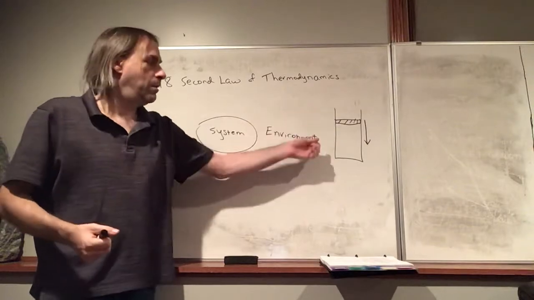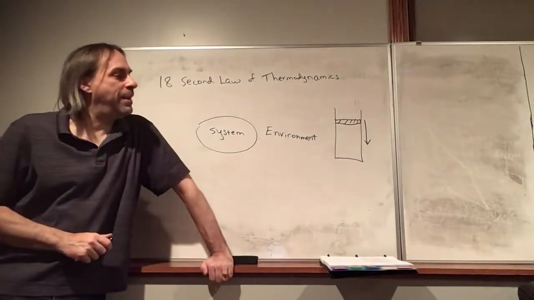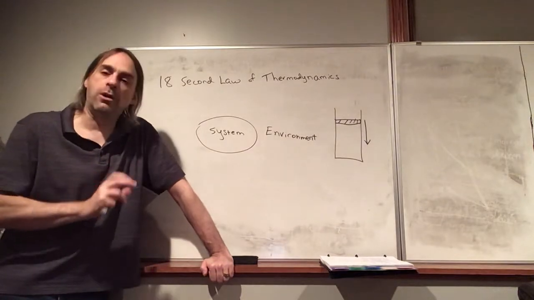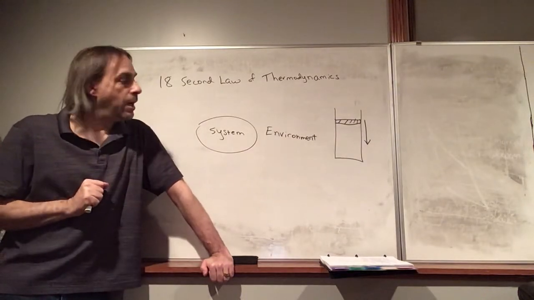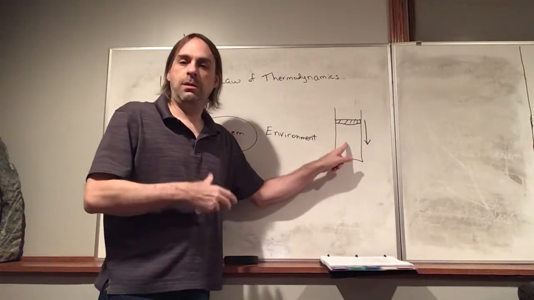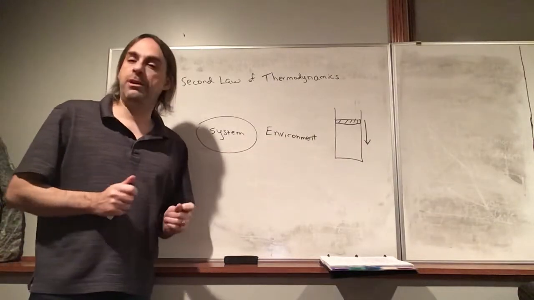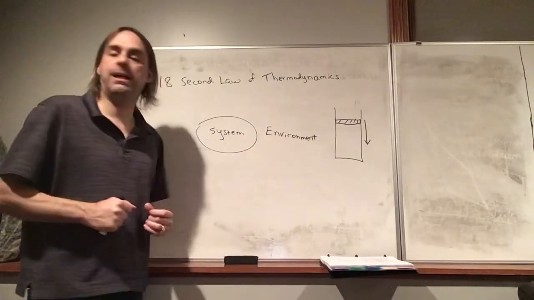Well, of course. You can just lift the thing back up. However, that would be an irreversible process. You've returned this system back to its initial state. However, the environment would be different. The environment is everything outside the system.